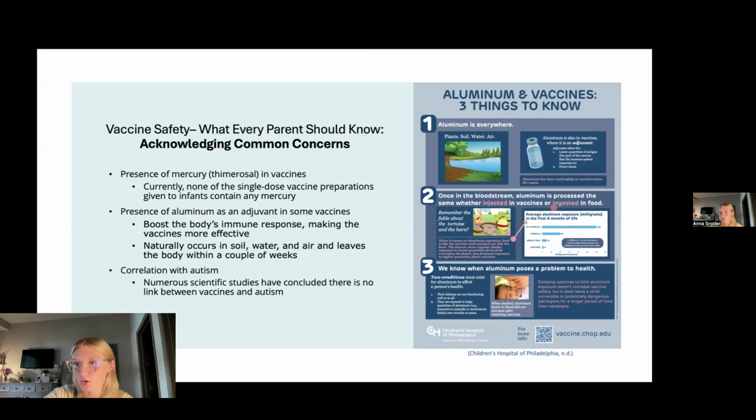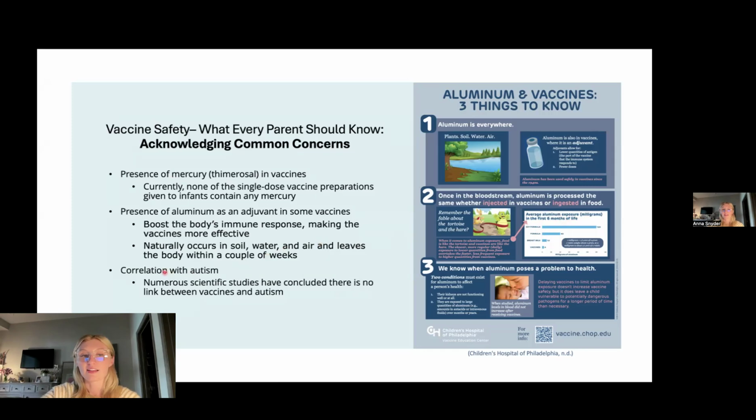It doesn't get stored. So here's a graphic on the right by the Children's Hospital of Philadelphia about aluminum and just three things to know if you like images again. But just remember, this is a naturally occurring substance. There's actually studies that show that baby formula has more aluminum in it than the vaccines that are given to children at the same age.